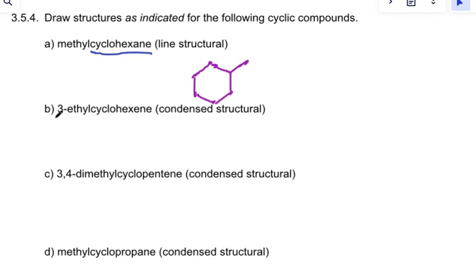All right, 3-ethyl, that's a branch, don't care for now. Cyclohexene. So we're doing 6 carbons in a hexagon: 2, 3, 4, 5, 6. And we'll single bond everything just so it doesn't fall apart. Okay, there's cyclohexane. Cyclohexene means there's a double bond.